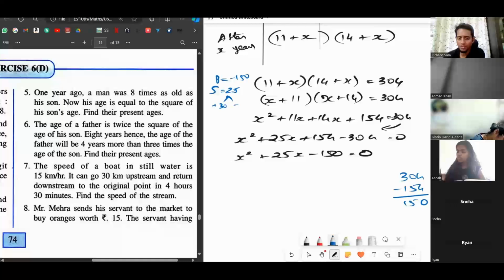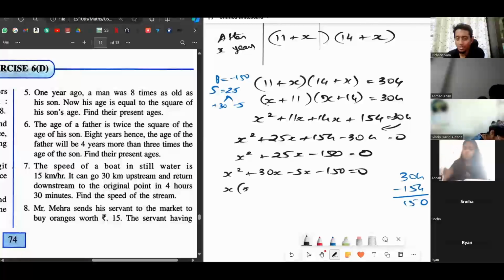So big number positive, small number negative. 30 into 5 is 150. 30 minus 5 is 25. So x squared plus 30x minus 5x minus 150 is equal to 0. Take x common, so that's x plus 30.